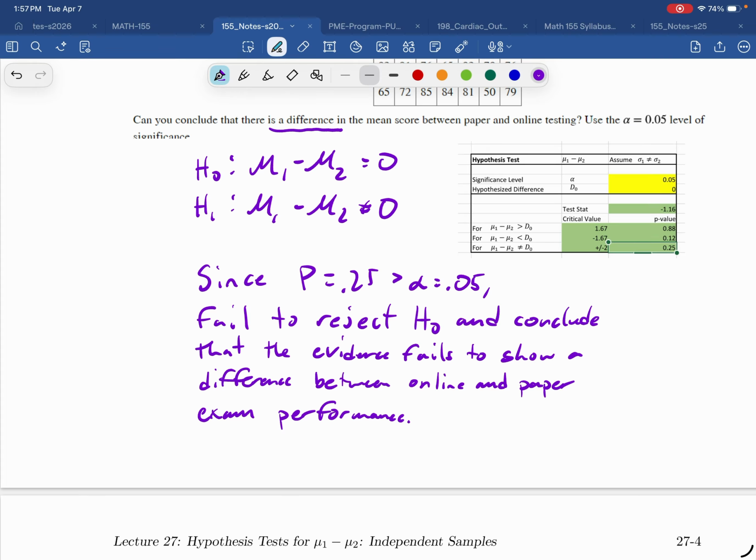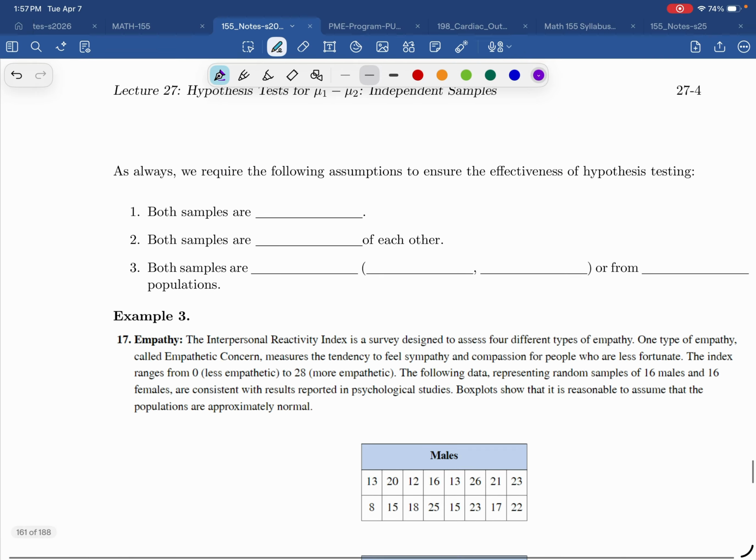There you go. Now, a couple of requirements that we've been assuming, but we need to just state. Both samples are random. Both samples are independent, right? Remember, that means that they don't affect each other.